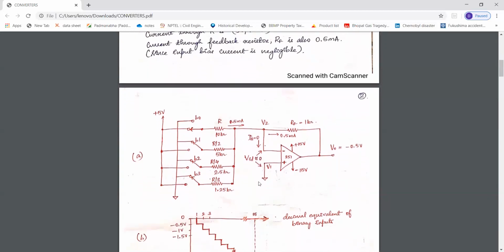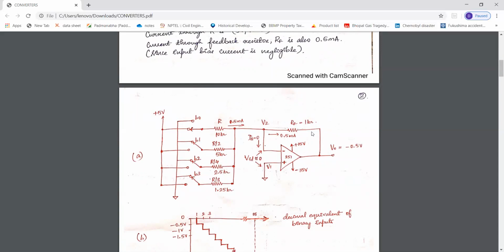Now we'll consider the second case wherein switch B1 is closed and B0 is opened. Now B1 alone is closed. So the resulting current through the resistor R by 2 will be equal to 1 milliampere. Now the same current will flow through the feedback resistor.